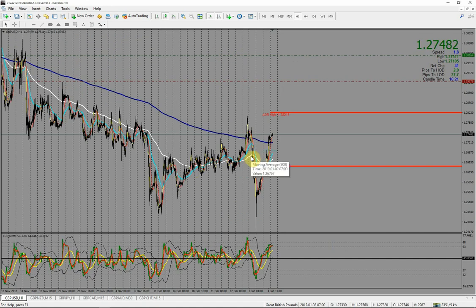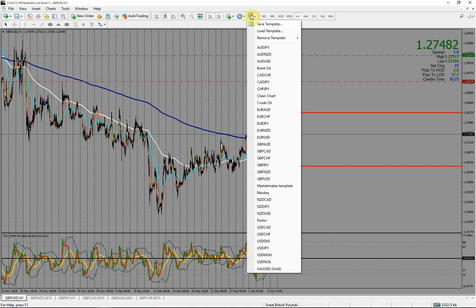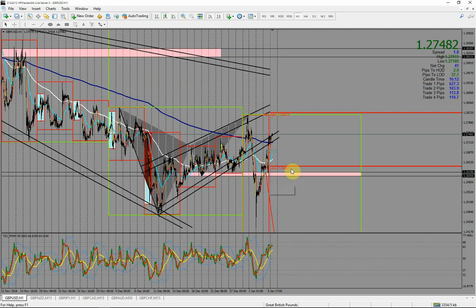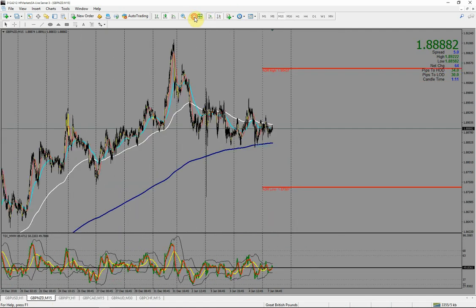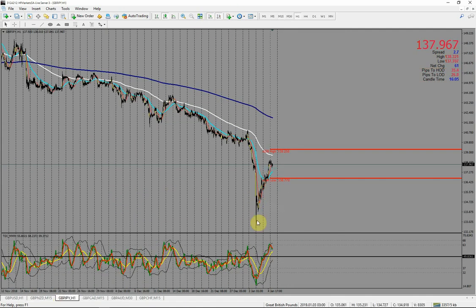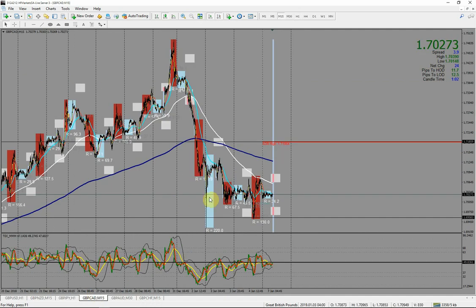GBP/USD, same thing. It gave us that nice dip there. So let me just load the GBP/USD analysis. GBP/USD, there it is. GBP/NZD, there's the pin there. GBP/JPY, there's the pin to the downside. GBP/CAD, the pin to the downside.